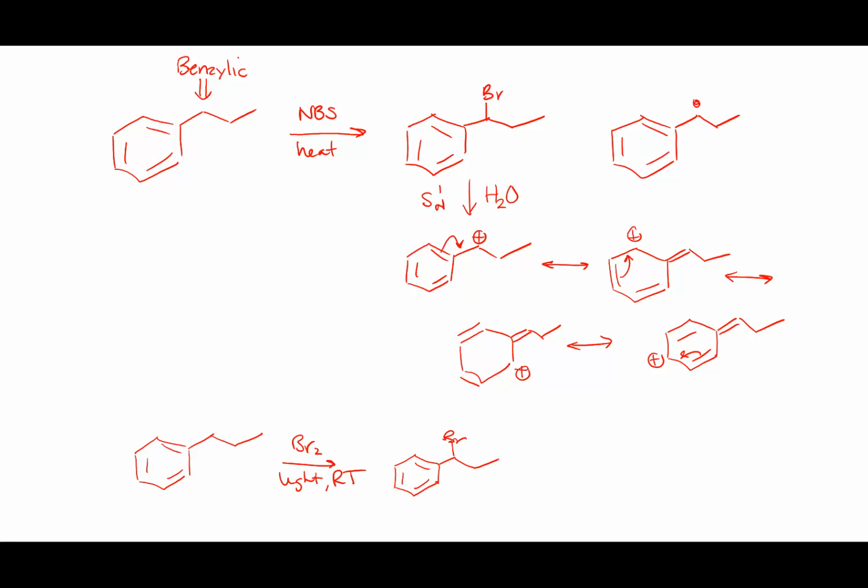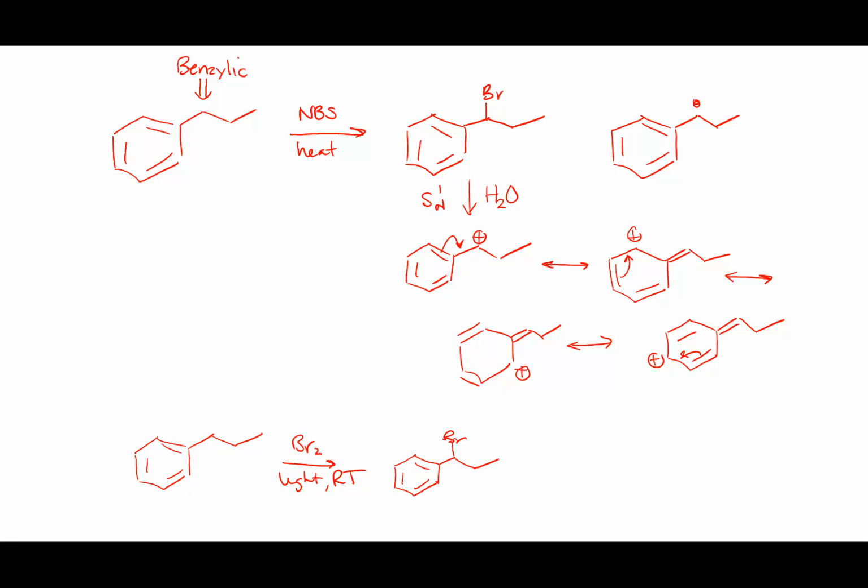So why? Well, number one, bromine and a benzene ring is no reaction. KMnO4 and a benzene ring is no reaction. HCl and a benzene ring is no reaction. Because the benzene ring is super stable, it starts with A: aromatic.